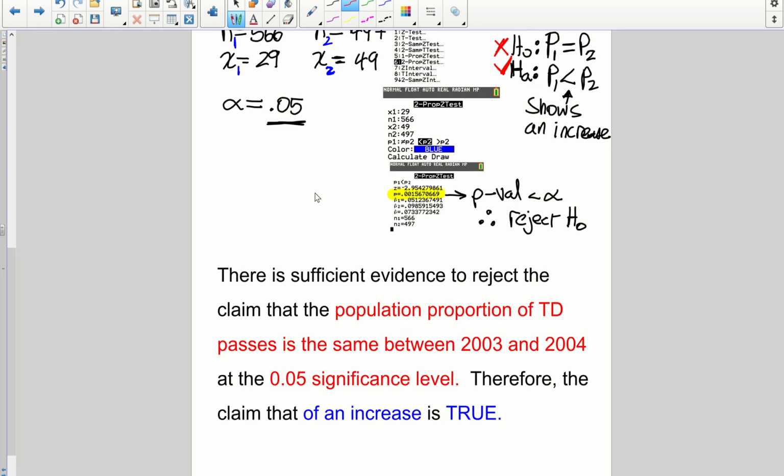To save yourself some time and energy. So there's sufficient evidence, and sufficient corresponds with truth, to reject the claim that the null hypothesis, population proportion of touchdown passes, is the same and equal, mean the same thing, between 03 and 04 at the 0.05 significance level. That didn't change. Therefore, the claim.